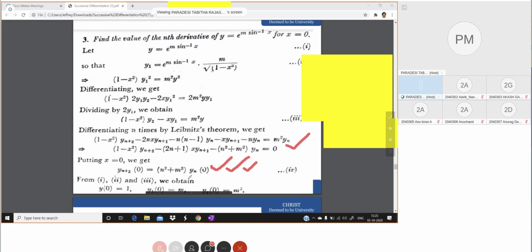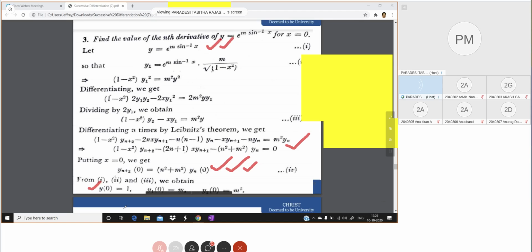So let's comment on the first things that we know. Whenever x is 0, what is y? Look at the first equation. When x is 0, is it e to the power 0, which is 1? So we write that y when x is equal to 0 is 1.